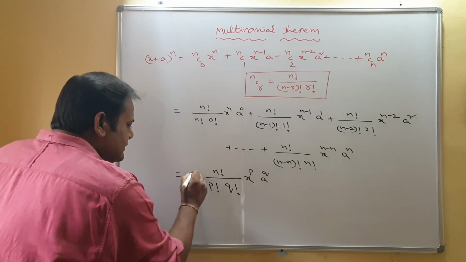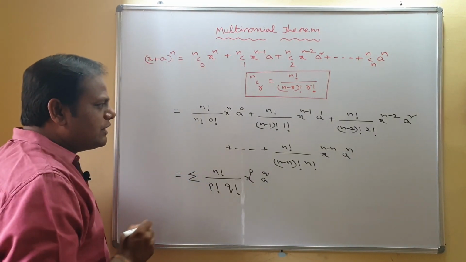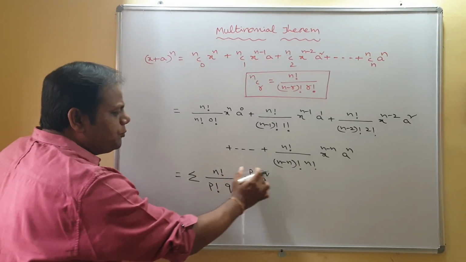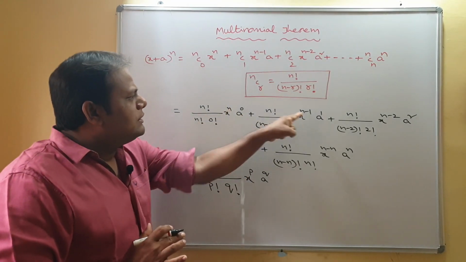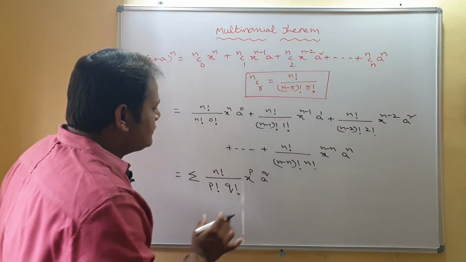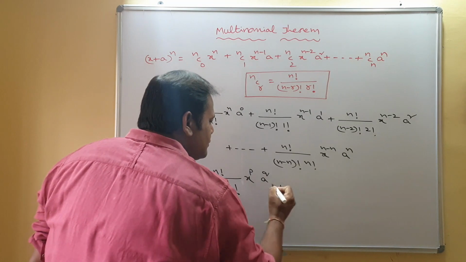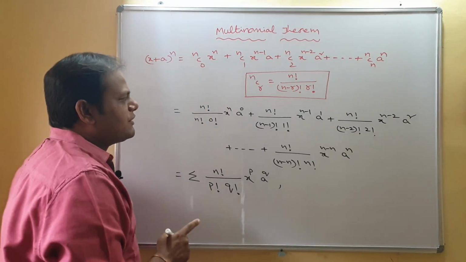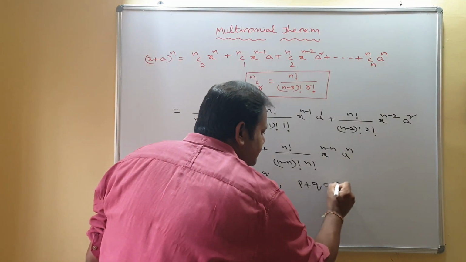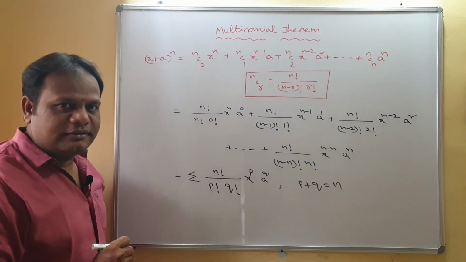So I can write it like this, sigma, since it is a summation. What about p and q? You observe that in every term the sum of the powers is equal to n, so p plus q must be equal to n.